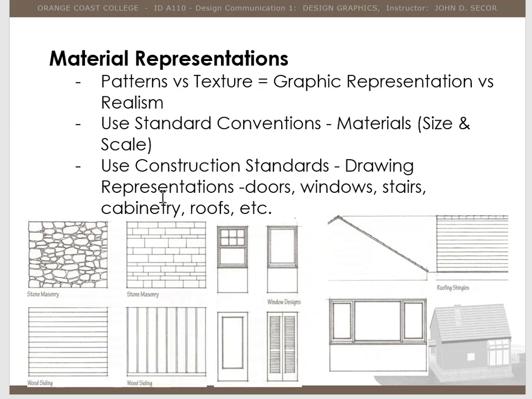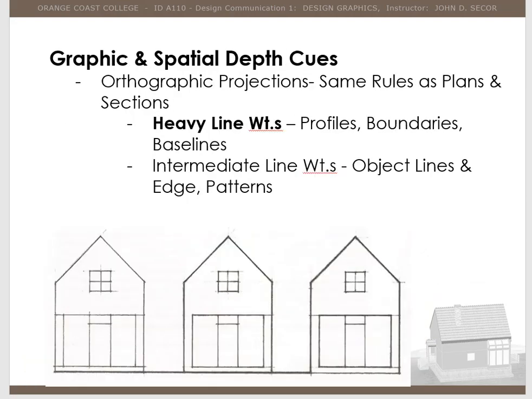So we want to make sure we are representing our doors, our windows, and the roofing by using some of these material representations. And that's why we did all those wonderful hatches. If you've decided you want to use a certain material, look at it, study it, and try to mimic it in your endeavor.